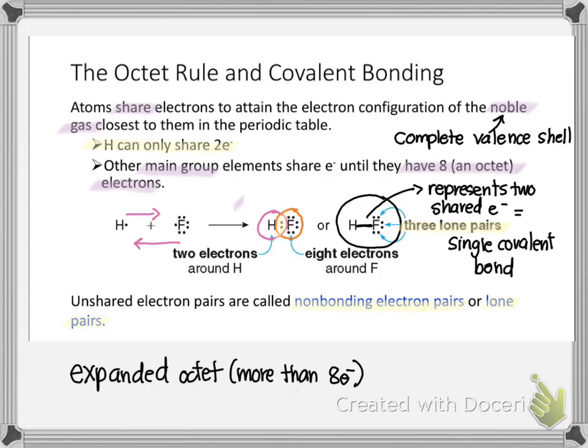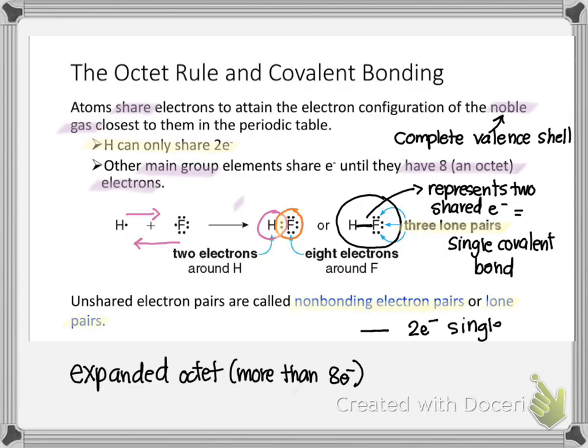The fluorine has 8, but they are not participating in the bonding. And we call those lone pairs or non-bonding electrons. Now, we won't just have single bonds once we get going. So you can have a single line. This equals 2 electrons being shared, and it's called a single bond.